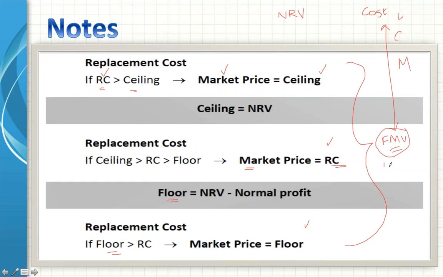With the three conditions. Any one of these three conditions will be met, and you find out fair market value. This fair market value is to be compared with the cost price, and thereafter the comparison you pick up the lowest of these two. Okay, very important, please.